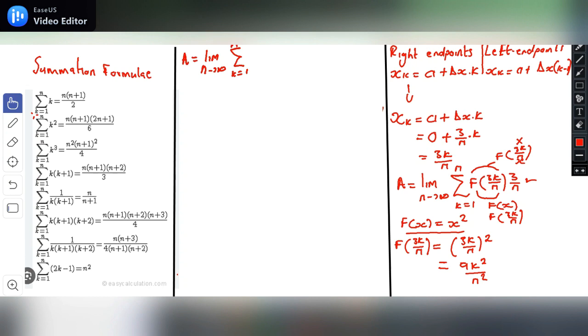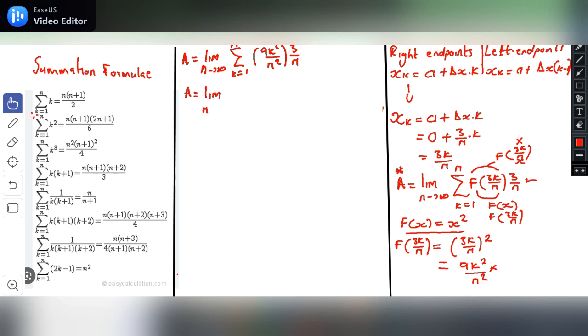And now we know the value of f of 3k all over n, which is 9k squared all over n squared, right? So I'm going to say bracket 9k squared all over n squared, multiplied by what? By that 3 over n. So you can see that we always write down that limit. Make sure that you don't miss writing down that limit. So now let's multiply everything.